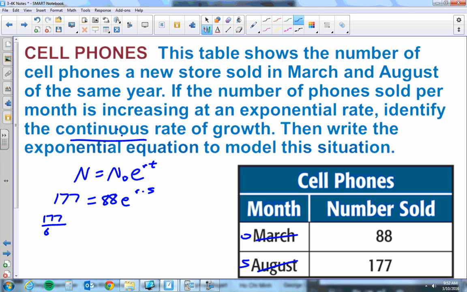So divide by the 88 first off. And then rewrite as a log base E of the other side equals that exponent. And then just divide by 5, or you can do 1/5 of.